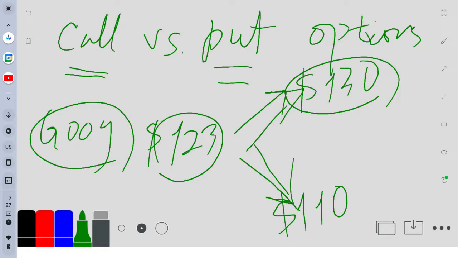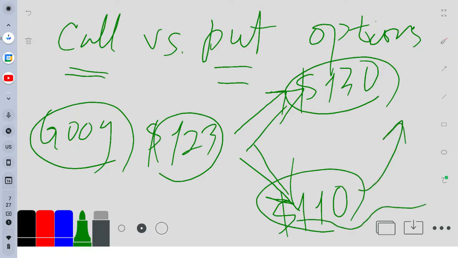If it goes down to 110, obviously you're going to wait for the price to come back up. But let's say it stays at that low level for quite a while. Then you will regret because you missed the right timing.